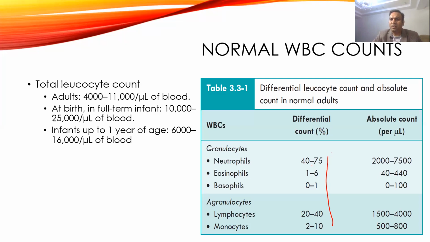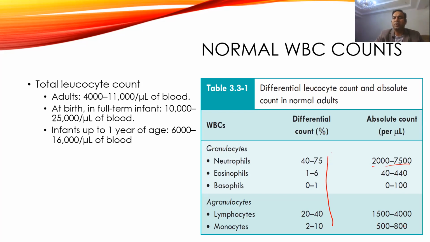If you come to the absolute count, then we'll consider the total WBC count, and whatever percentage we are getting, we will multiply with that percentage, and then you'll get an absolute count. So the absolute count is somewhere around 2000 to 7500 for the neutrophils, 40 to 440 for eosinophils, and 0 to 100 for basophils, lymphocytes somewhere around 1500 to 4000, and monocytes somewhere around 500 to 800.